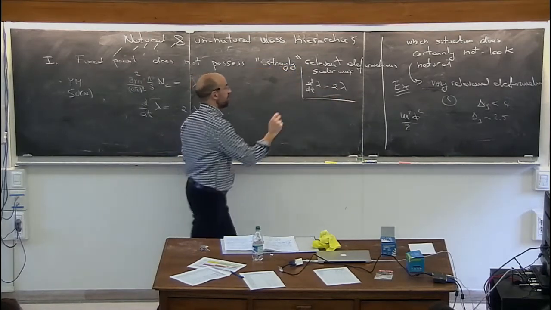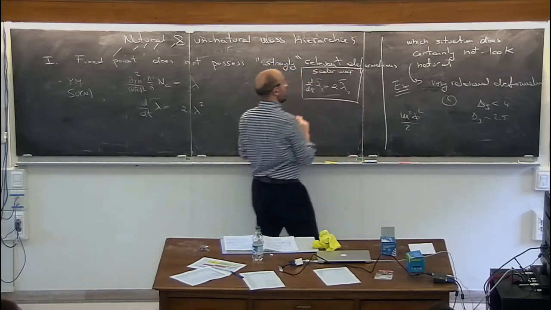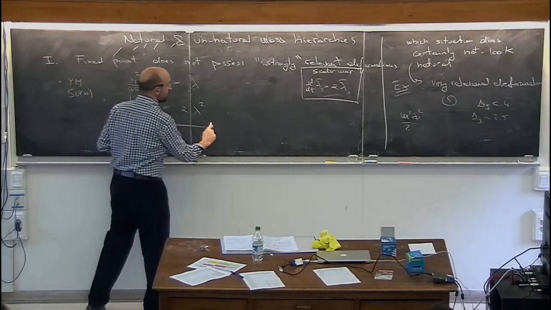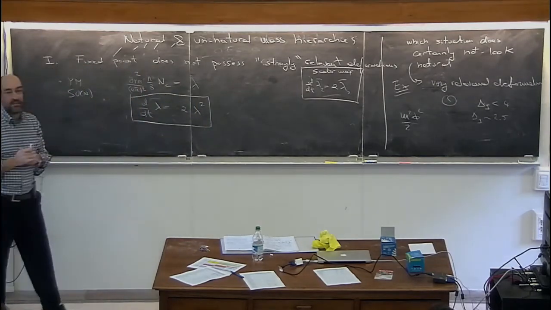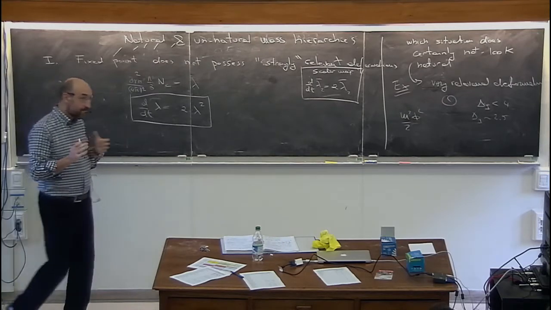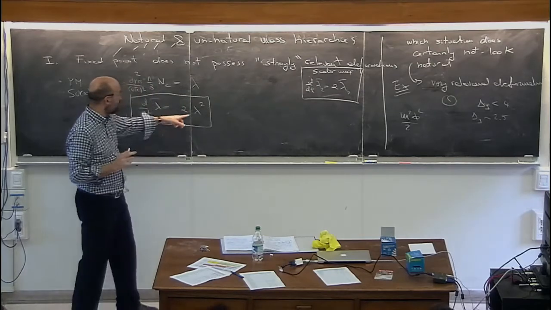Okay, this was the equation in the case of the mass. And here we have a very similar equation with a tiny little detail different. Okay, again, there are no small parameters. It seems the same, but the crucial thing is that there's a square here.